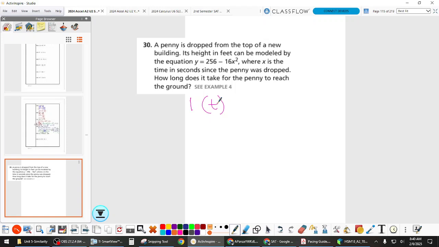What's our dependent variable? Y. Y doesn't tell us anything. Dropped maybe? Still height, right? It's like how high is this thing each moment? What is the 16 doing to the penny? That's how fast it's moving due to gravity. It's gravity. What is it doing to the penny?